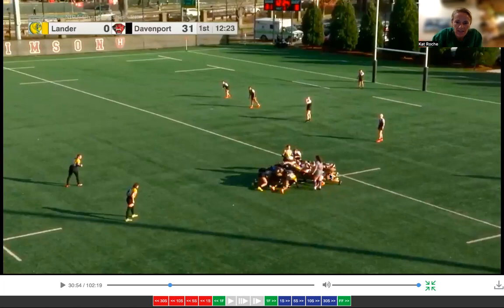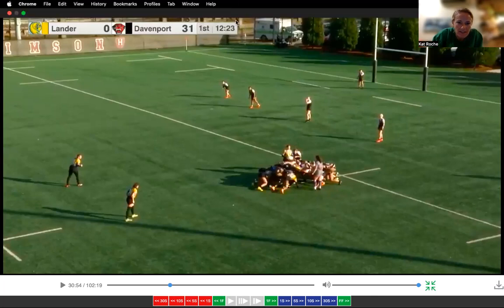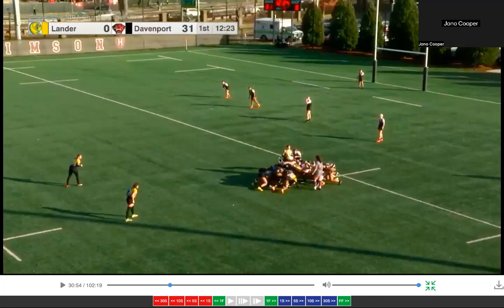So if the scrum is going that way, it's going to be whoever is right here driving that way. It's not going to be the far side. It's not going to be this person, because then they're driving out against nothing.